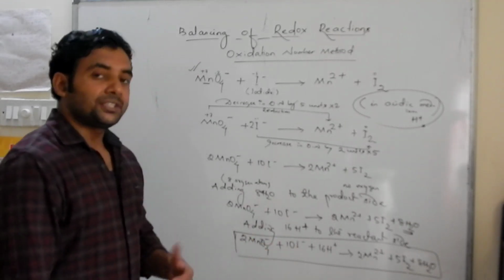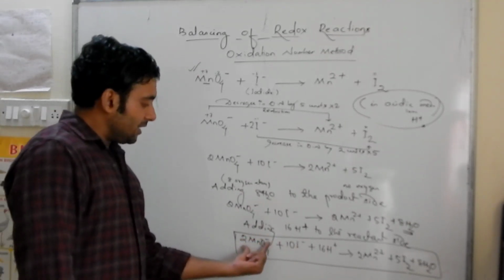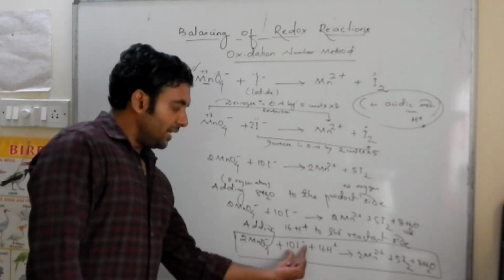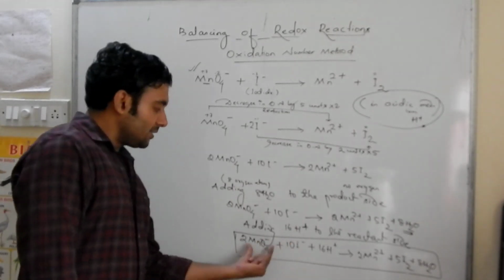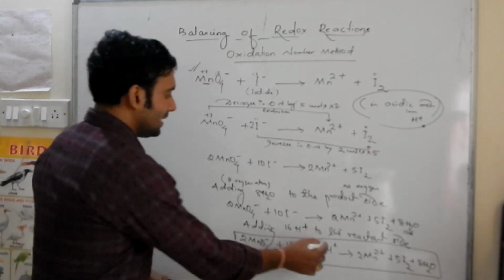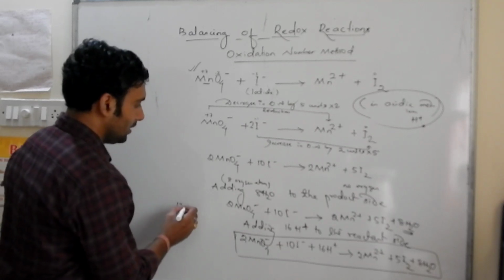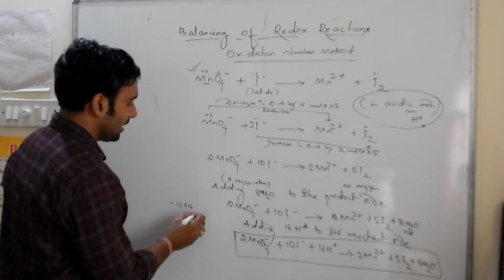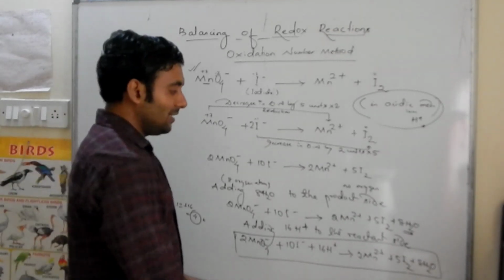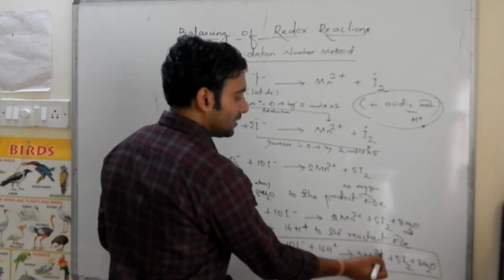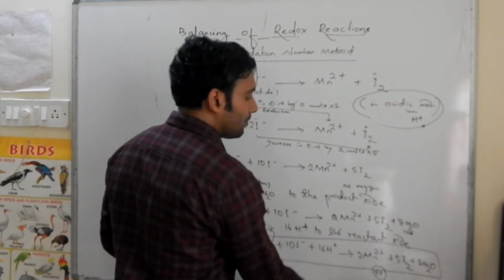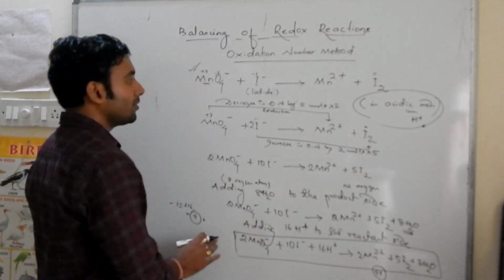And the charge: permanganate is minus, so 2 minus; 10 iodide is 10 minus, that means 12 negative charges, and 16 positive charges. So 16 minus 12 gives a net of 4 positive charges on the reactant side. Here 2 Mn2+ gives 2 into 2, 4 positive charges on the product side. So the charge is also balanced.